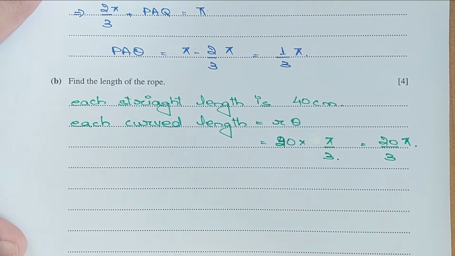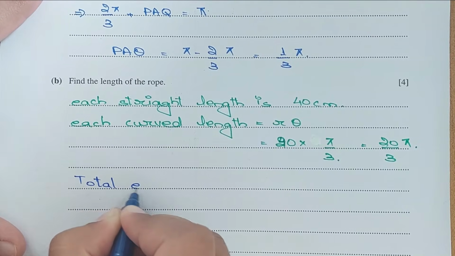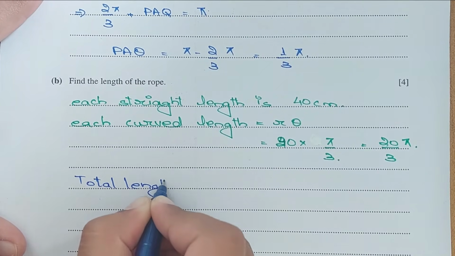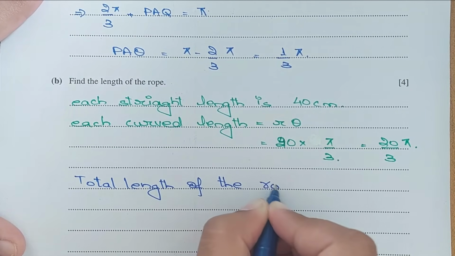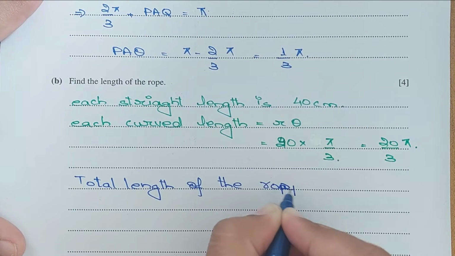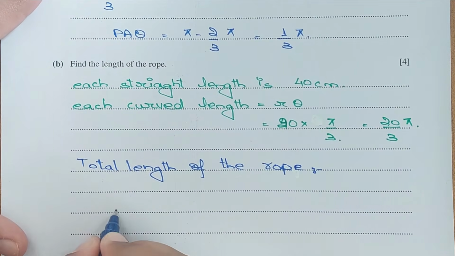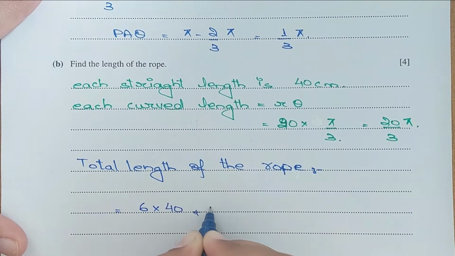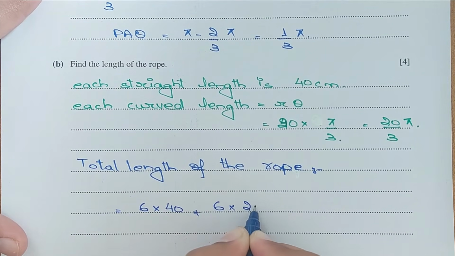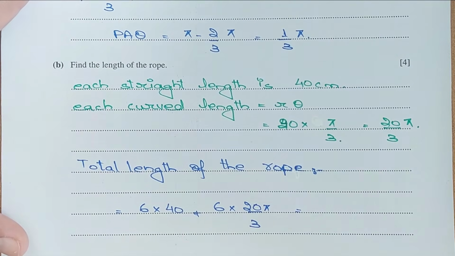Okay, so now let me find the total length of the rope. This equals 6 times the straight edge plus 6 times 20 pi over 3. This is the total length.